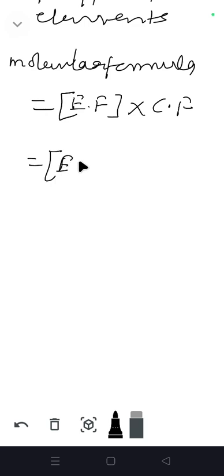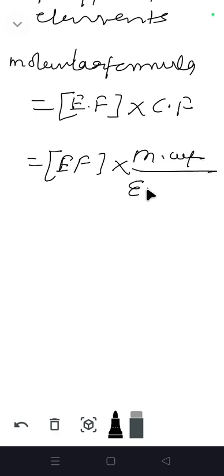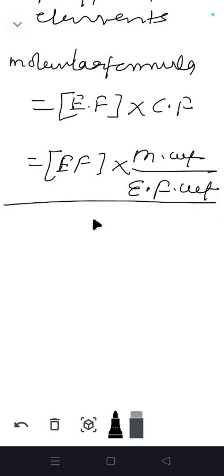Common factor is calculated from molecular weight upon empirical formula weight. Either you put the common factor directly, or you first calculate it using the formula molecular weight upon empirical formula weight, then we put the values. So here there are some molecular compounds, right?